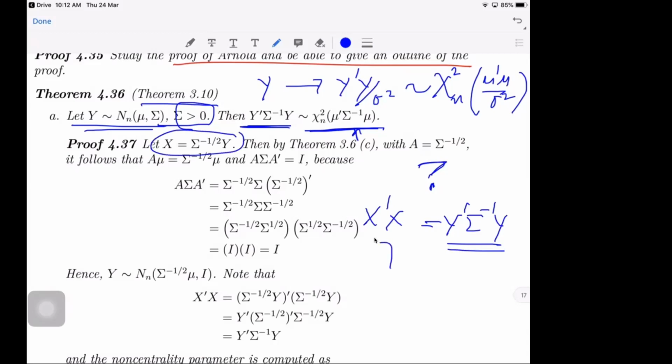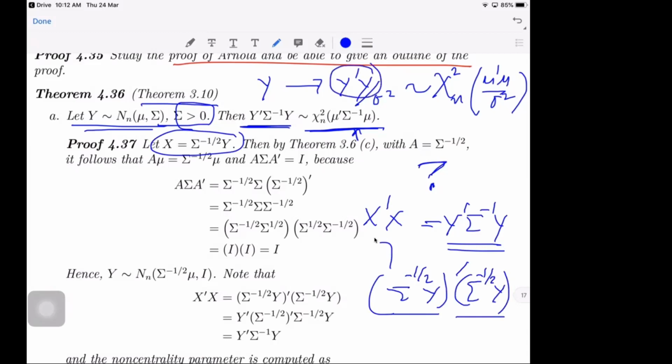So the candidate is x equal to sigma raised to the 1/2 y, no? So take the prime of that and then multiply by this. It becomes x prime x, or y prime y in our original, no?